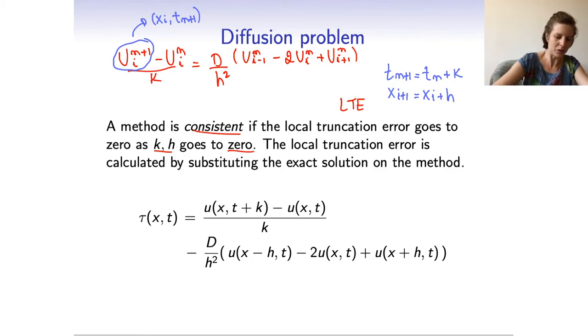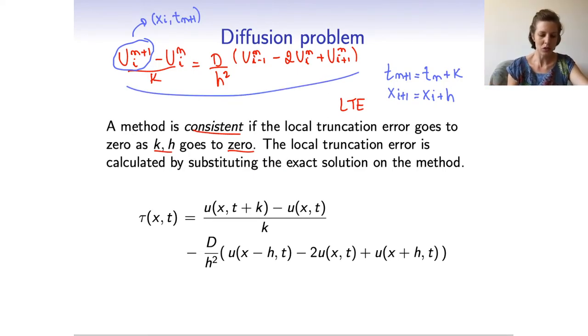So we are going to substitute the exact solution here. So if in the method we have this equality, now when we substitute, so originally in the method we have 0 equal this minus that, but now if instead we substitute the exact solution, we would have the local truncation error.